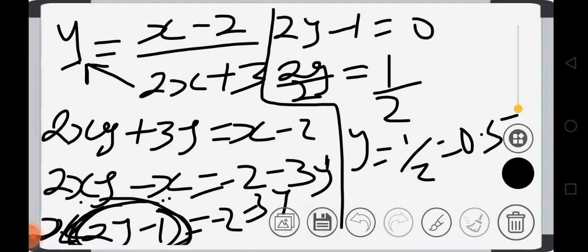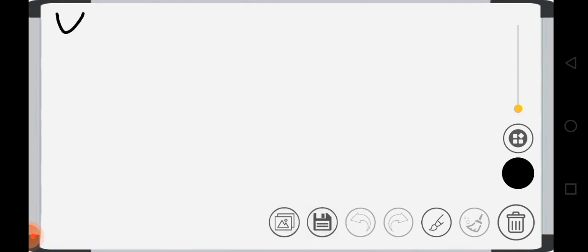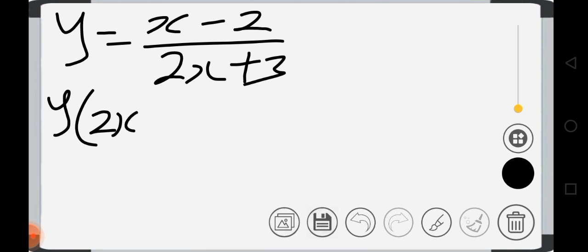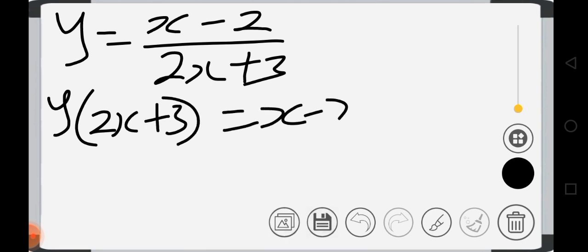Now let's get the one parallel to the y-axis. Remember what we had was y equals (x minus 2) over (2x plus 3). Next, we equate the highest power of y to 0. After linearizing, we have y times (2x plus 3) equals x minus 2.